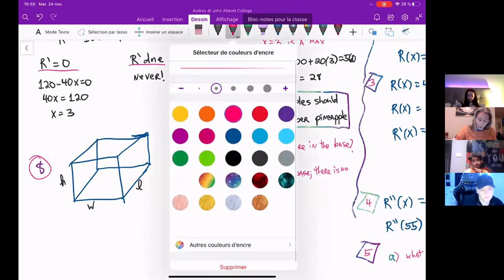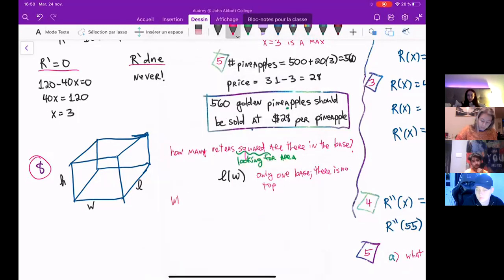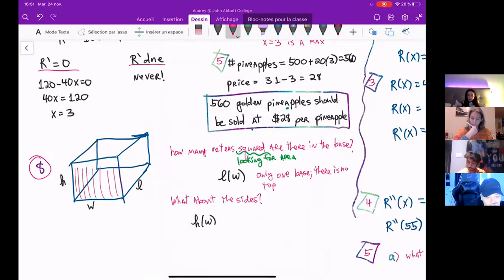Okay, so then what about the sides? And the sides, I have H times W. How many sides do I have with area H times W? Do I have 4?